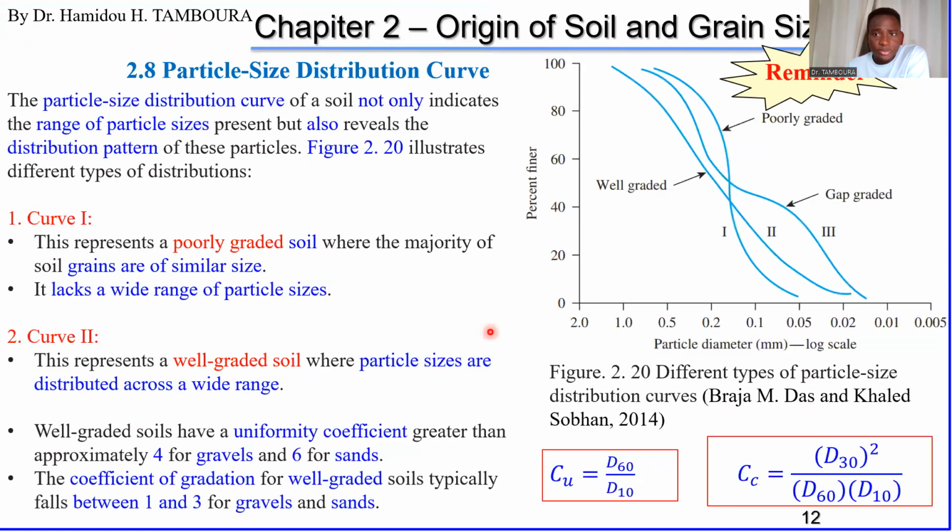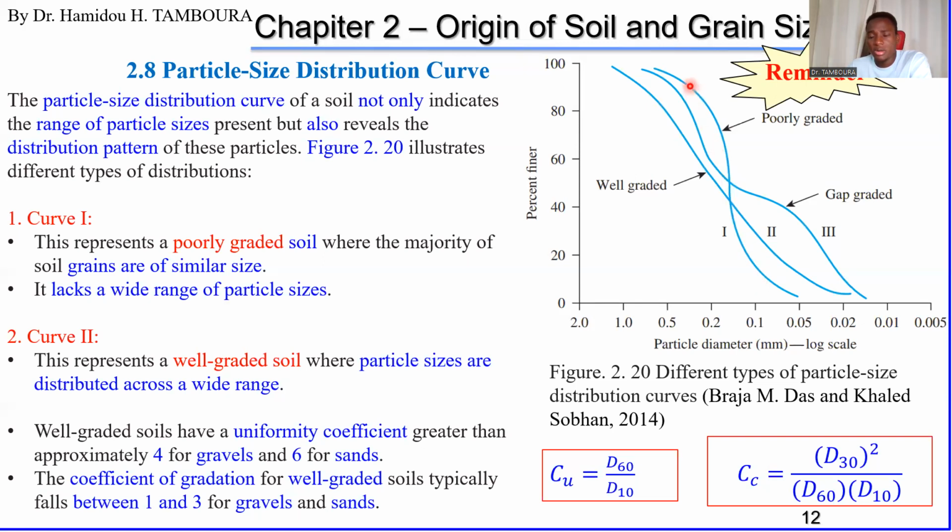Okay, let's proceed. Another thing I want to remind you is about the grading of soil. You remember what is poorly graded soil and well-graded soil? The curve number 1, for example, this one, is poorly graded soil because this soil has almost the same particle size.